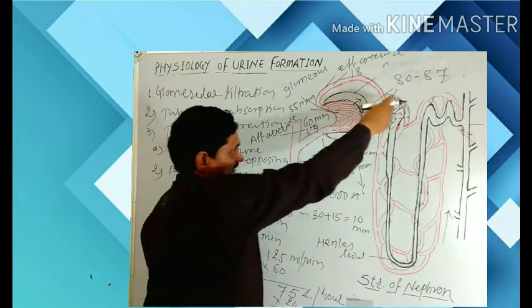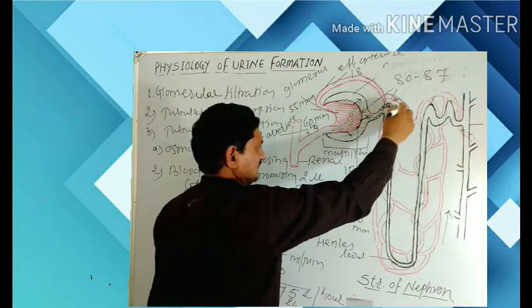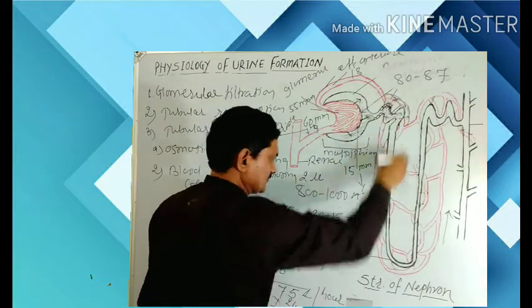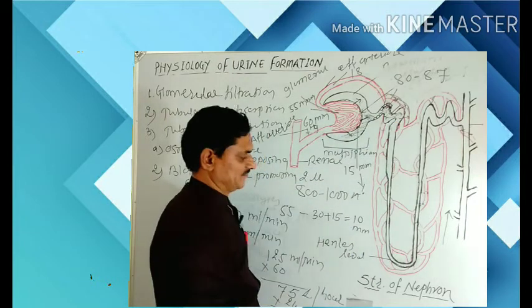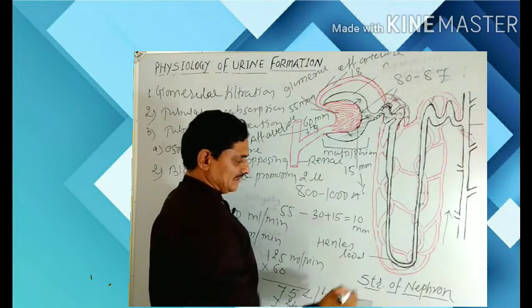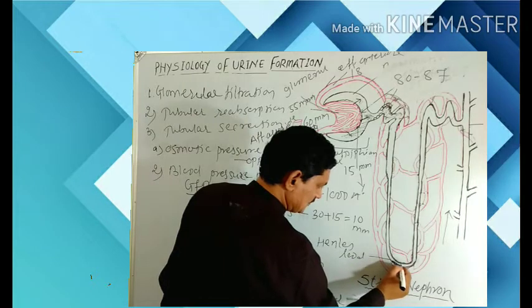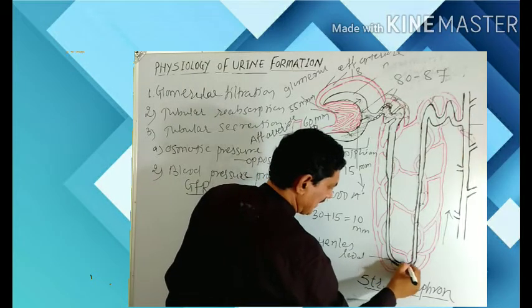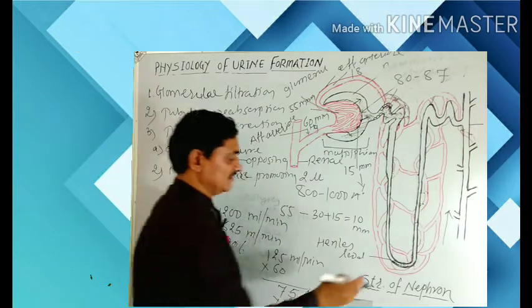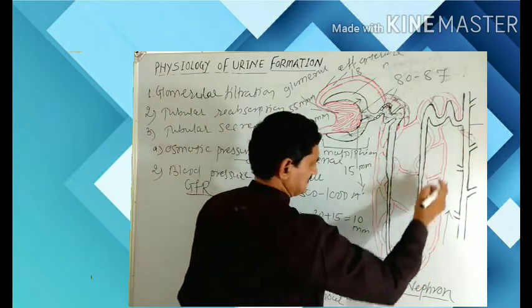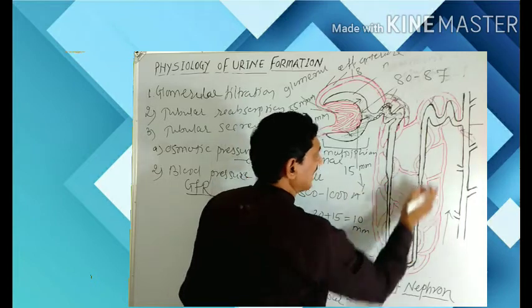The remaining filtrate flows downwards by the descending limb. In the Henle's loop, this is lined by the squamous epithelium, and then it again ascends.